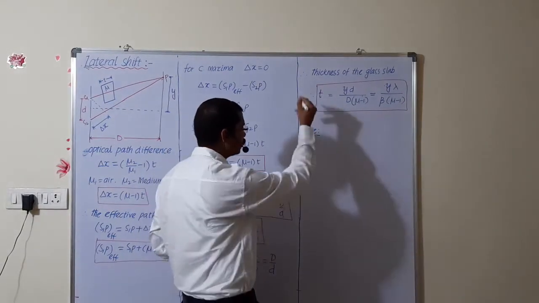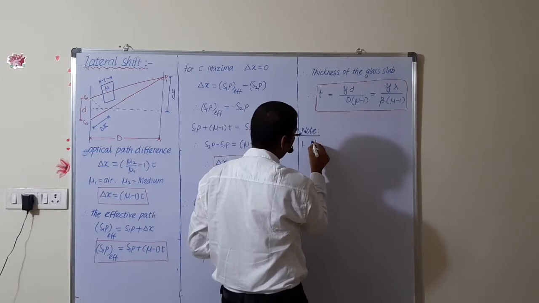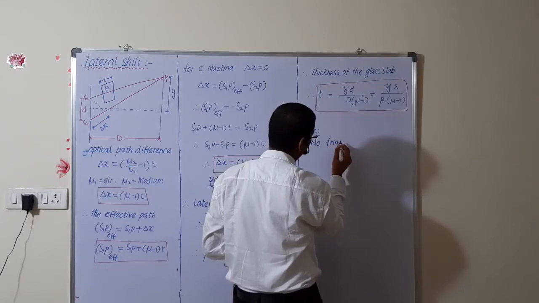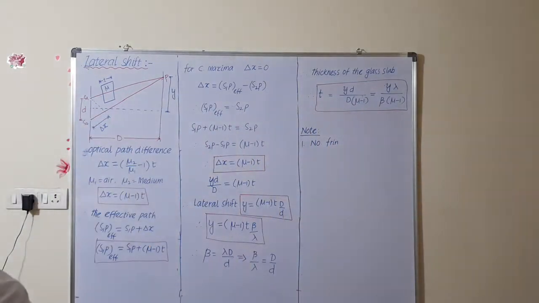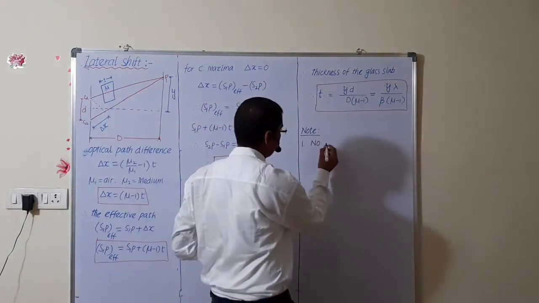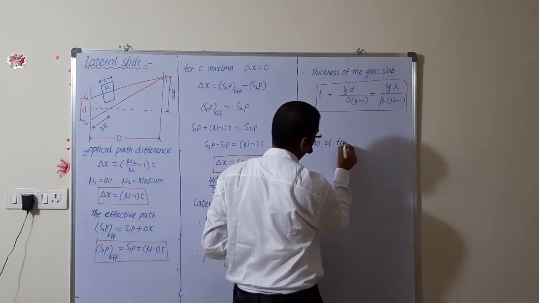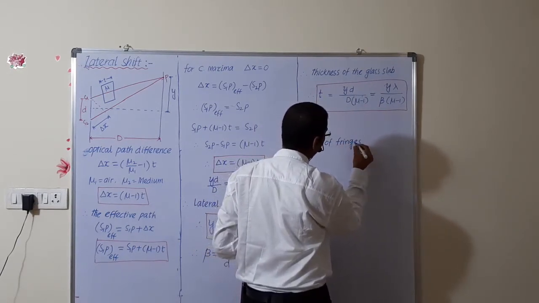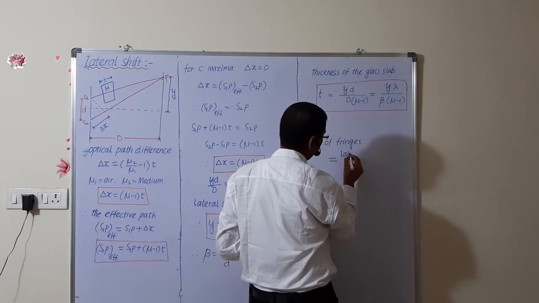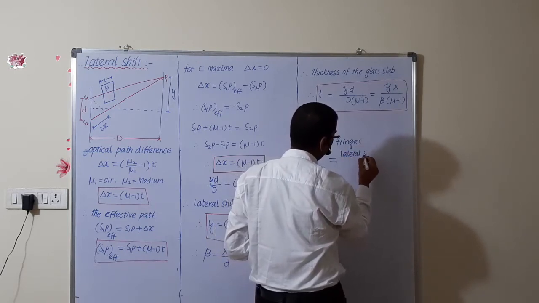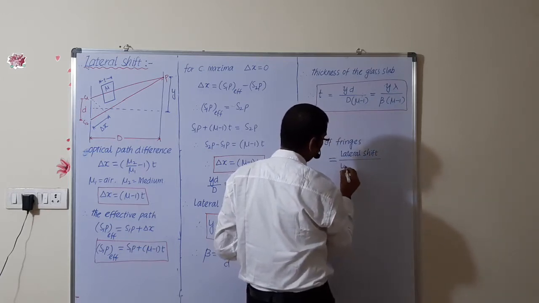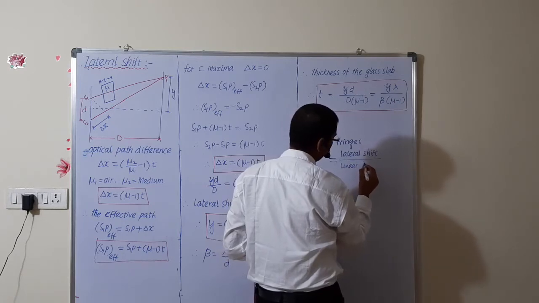If you want to find the number of fringes, the formula we can write is the lateral shift upon the linear fringe width.